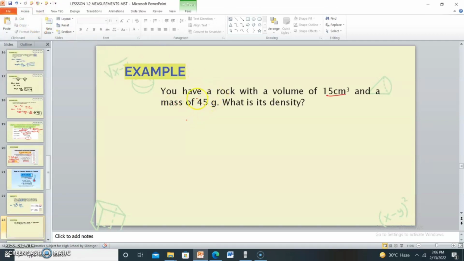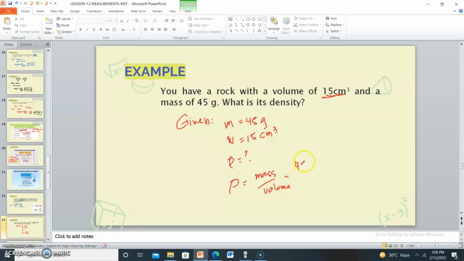For example, you have a rock with a volume of 15 centimeter cube and a mass of 45 grams. What is its density? First, take the given: mass, which is 45 grams, and the volume is 15 centimeter cube. The formula: density equals mass over volume.